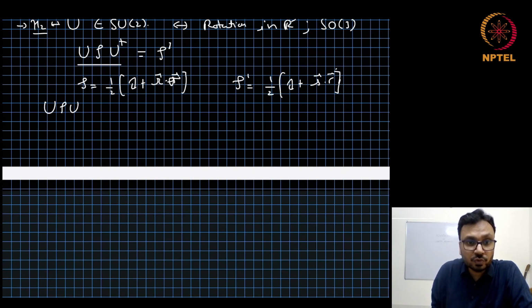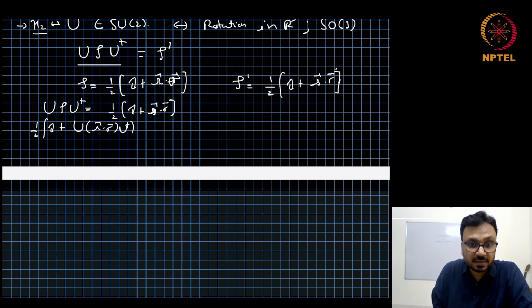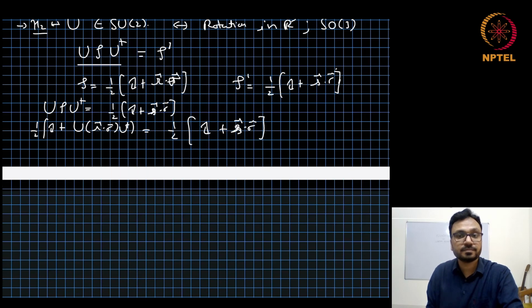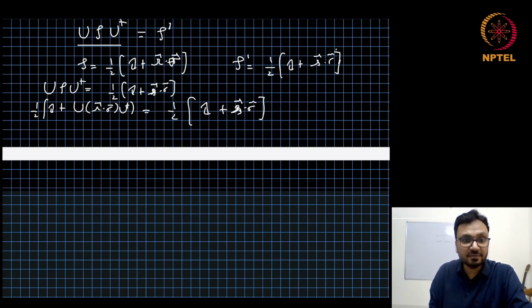Now U rho U dagger is equal to half identity plus S dot sigma. Here it is half identity plus U (R vector dot sigma) U dagger equals half identity plus S dot sigma. Comparing the two sides, we get U (R vector dot sigma) U dagger is S dot sigma.